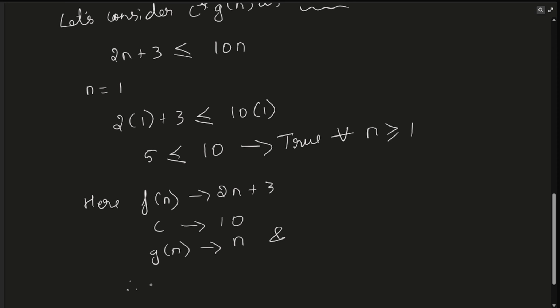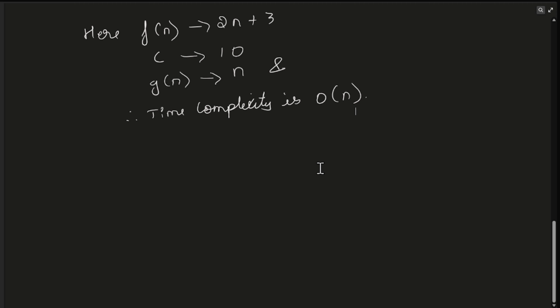Therefore, the time complexity is big O of n. As per the definition, f of n equals big O of g of n. G of n is nothing but n. So the time complexity of 2n plus 3 is big O of n.